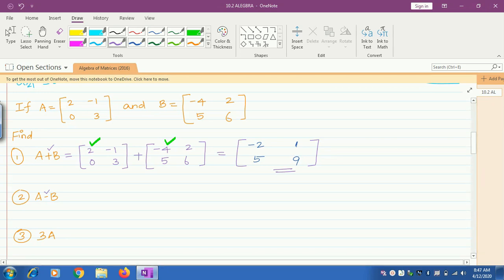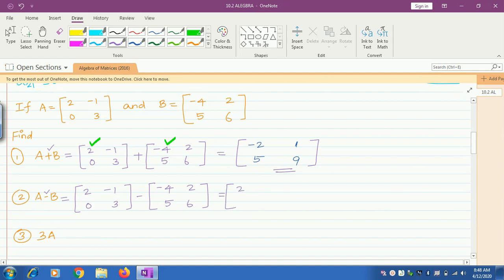Similarly, here we have subtraction. So subtract the two matrices: 2, minus 1, 0, and 3, minus, and then minus 4, 2, 5, 6. If you can understand directly, you can subtract, otherwise you can multiply further. One more step I can do here.